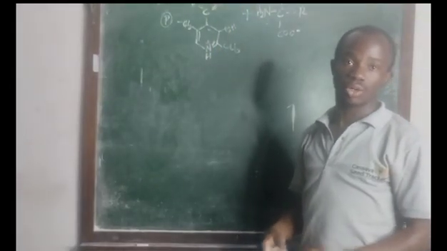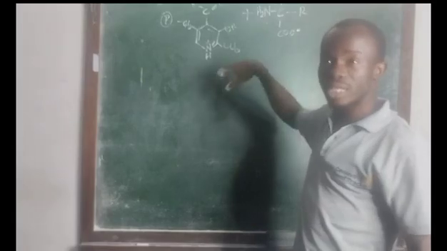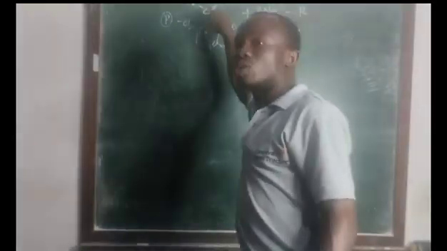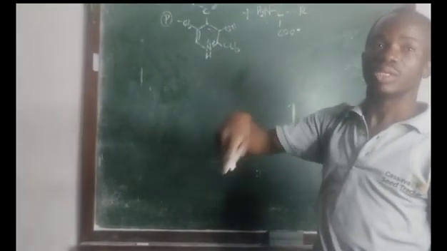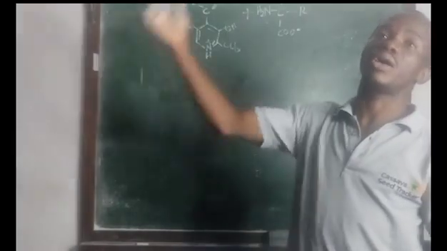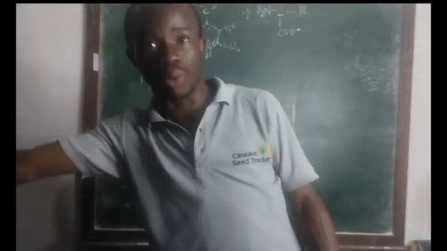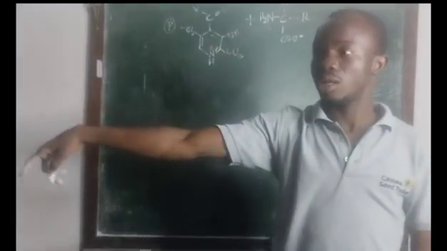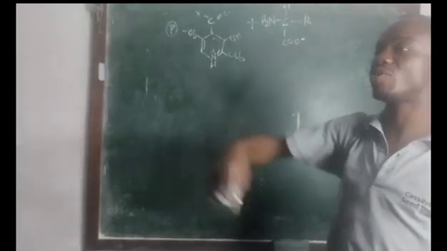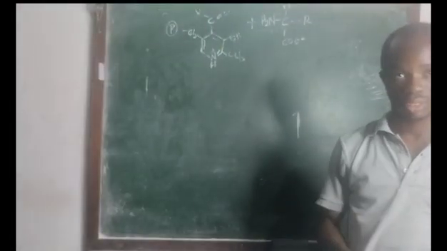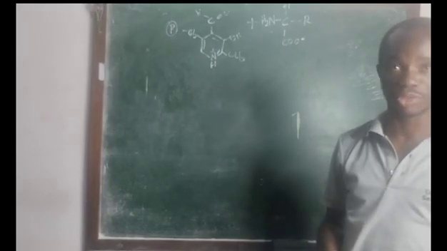In the other case, the enzyme has an amino group combining with carbonyl compounds. But in this case, the enzyme has a pyridoxal phosphate with a carbonyl that is now combining with an amine. Do we get the difference between the two now?